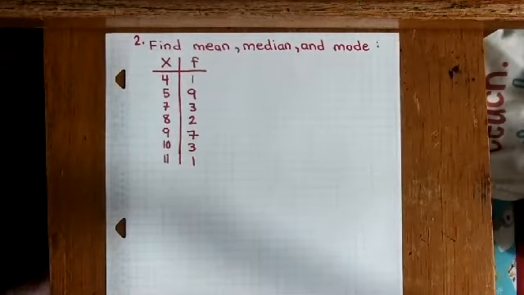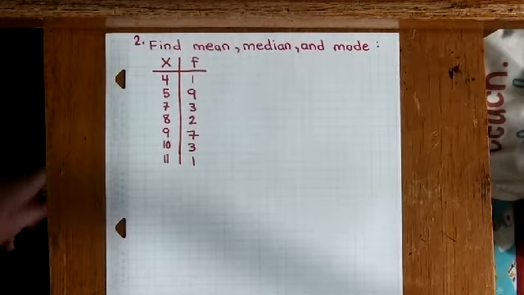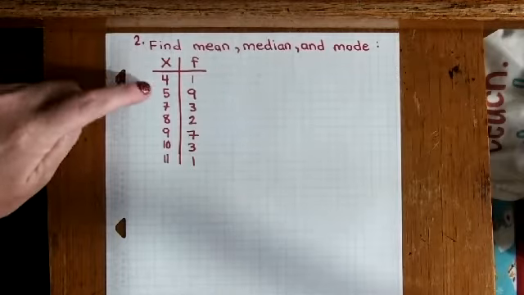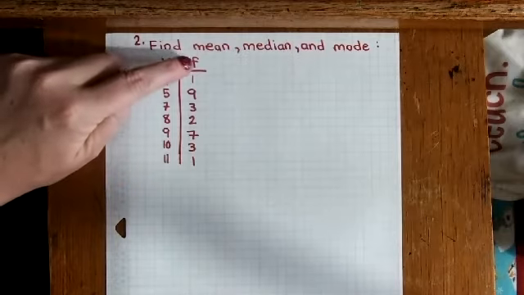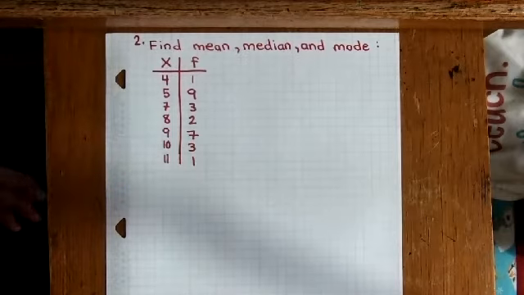Let's find the mean, median, and mode of this frequency distribution, where we have data points x and the frequency f.